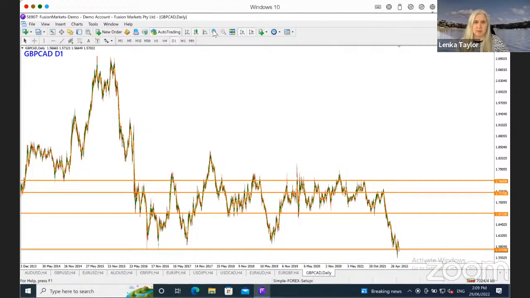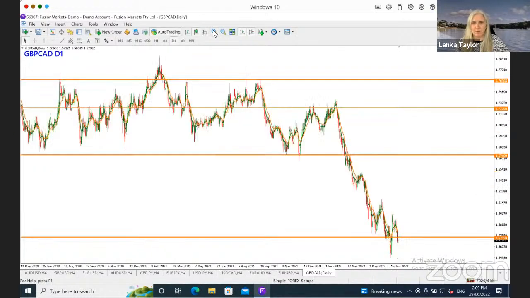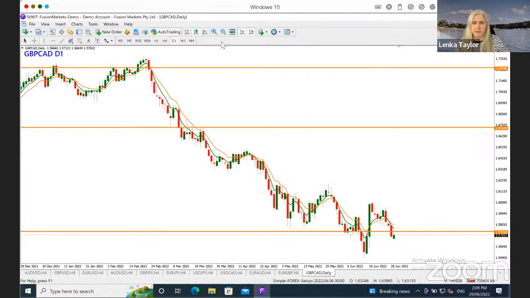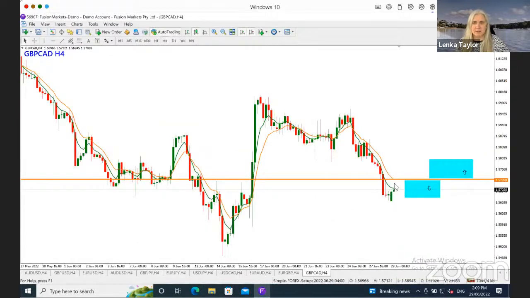We haven't been at this price point for a number of years. We have one close below on the daily. So now looking at, is this going to come back to that level and retest to go short, or is it just going to pop back up and be a false break and go long? That is the type of price action I'm looking for at the moment here.